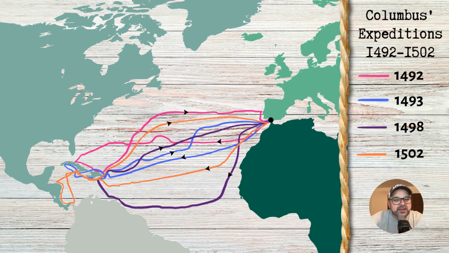And you can see he barely in 1502, and maybe a little bit in 1498, even finds the continent of the Americas. He really just finds Hispaniola, Cuba, and Puerto Rico. But his trips to the New World are extremely lucrative and extremely successful for Spain.